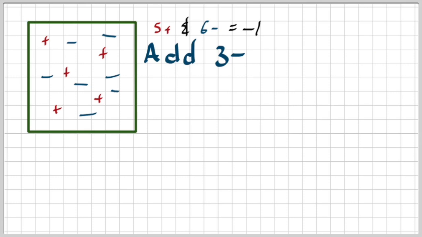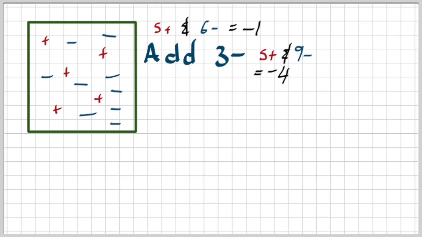So let's put in 3 extra negatives in there. Okay? What's going to happen to my net result? Well, I've now got 5 positives, but how many negatives do I now have? I've got 9 negatives. So what is my net result? I'm getting -4. So I end up having 4 more negatives than positives.